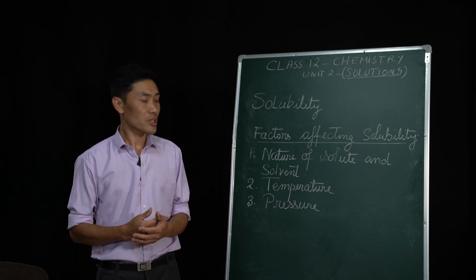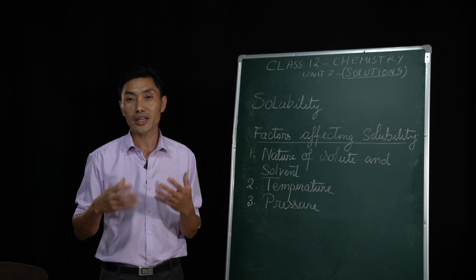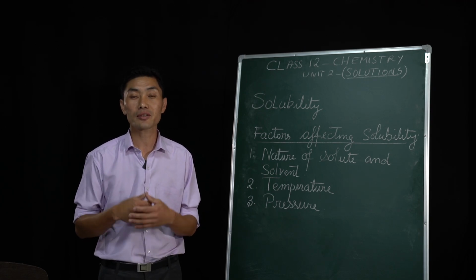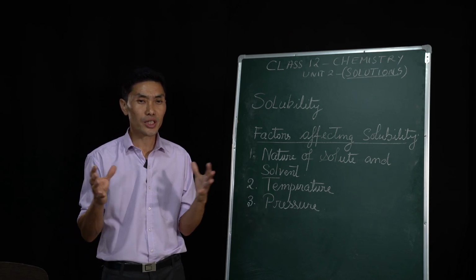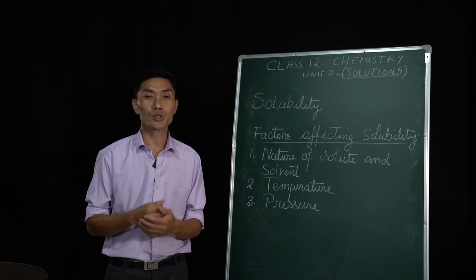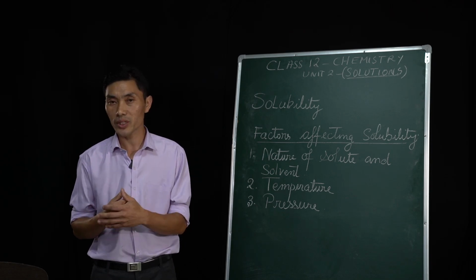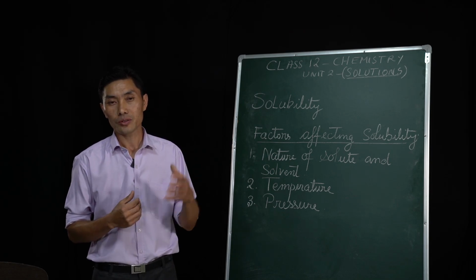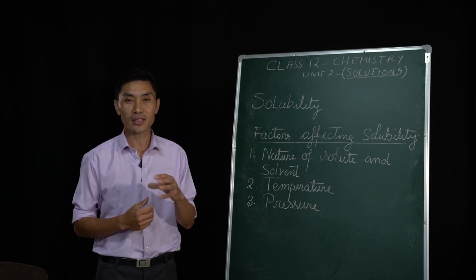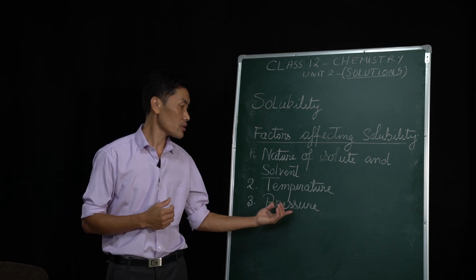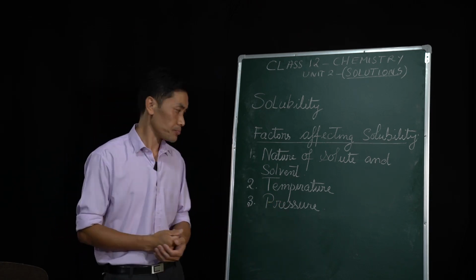Why? It's because solids as well as liquids are highly incompressible. They are very less compressible, that means. So change in pressure has no significant effect on both solids as well as liquids, and therefore solubility of solids in liquids is also very slightly affected by change in pressure, or it's not affected by change in pressure.